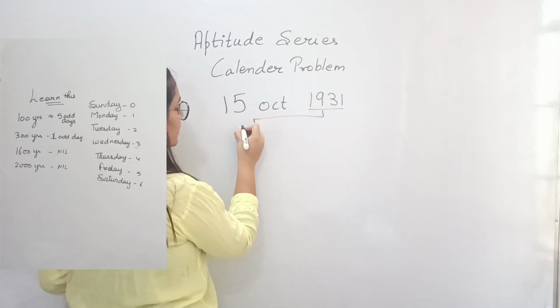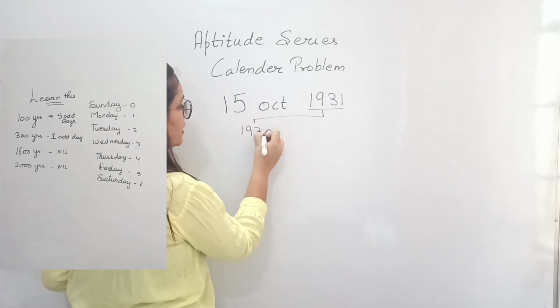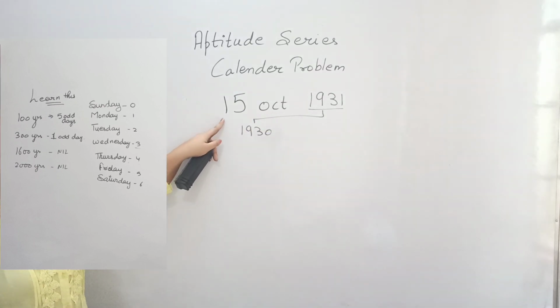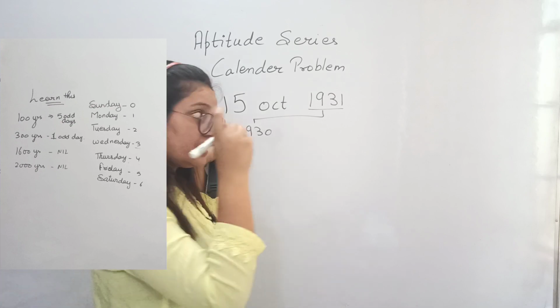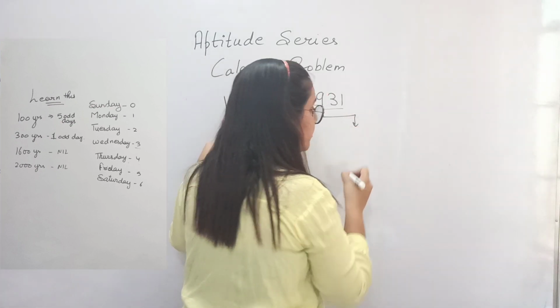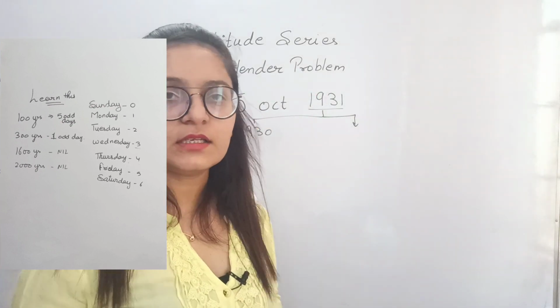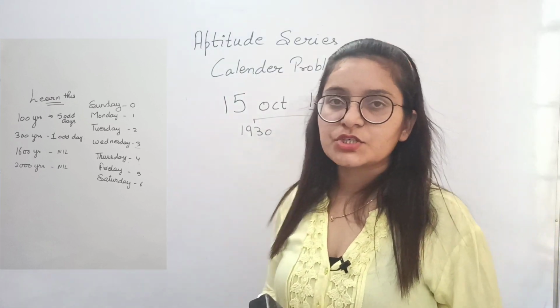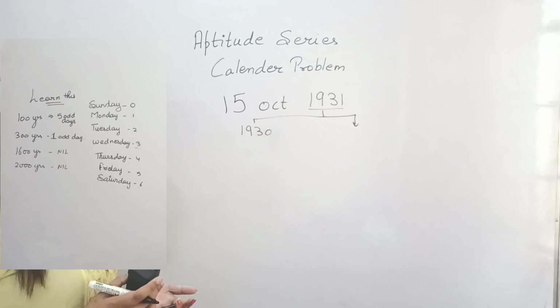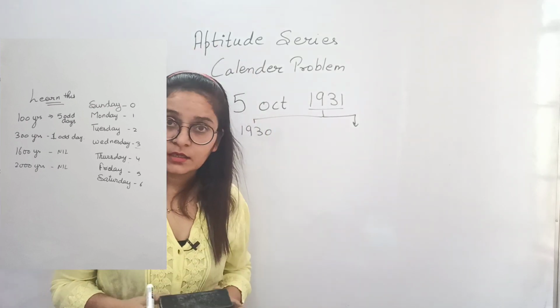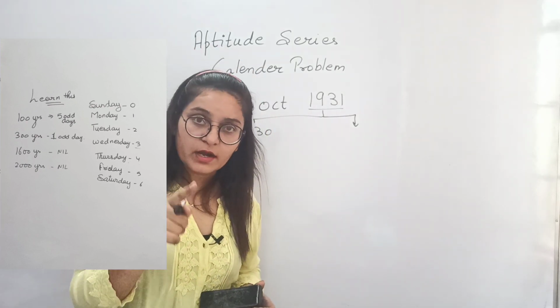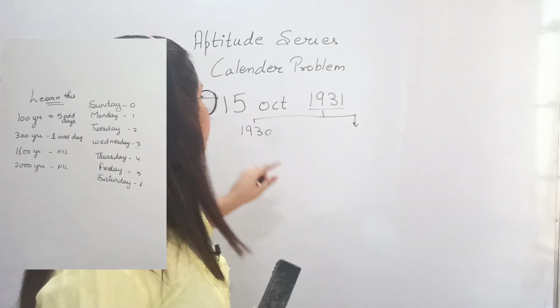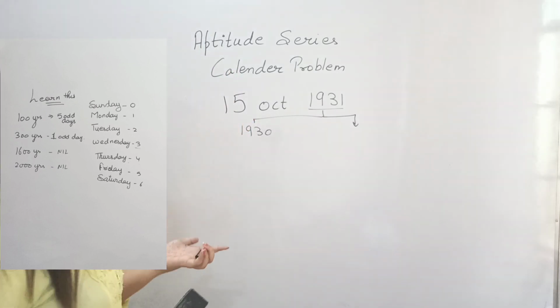Means 1930 years are completed and up to 15th of October. So calculate how many days are here. 31 days in January, 28 in Feb, and then March, April, May, June, July, August 31 days, September, and 15 days of October.